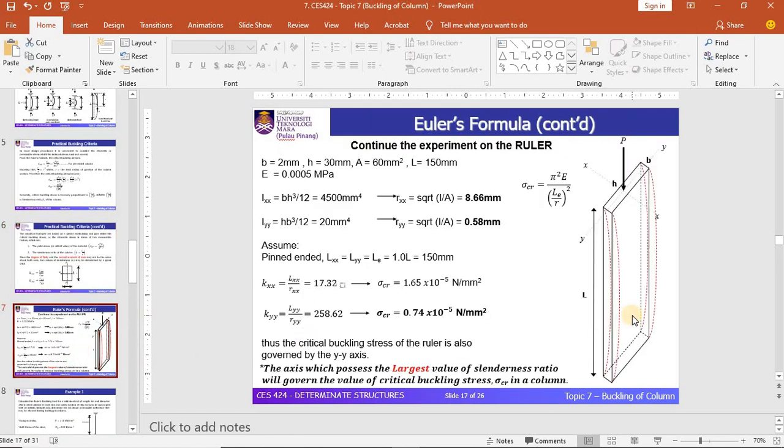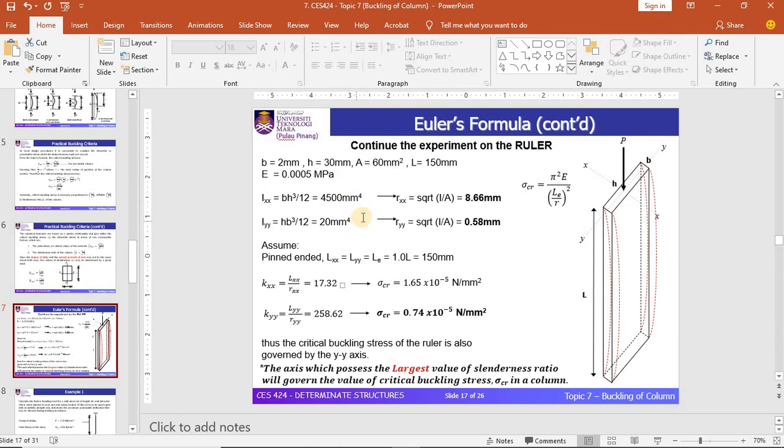Again, we will continue the experiment on the ruler, but here we focus on the effect of the slenderness ratio on the critical buckling stress. This particular ruler buckles about the y axis, with the dimensions we defined previously. The area of the ruler is 60 mm square, and E remains the same.